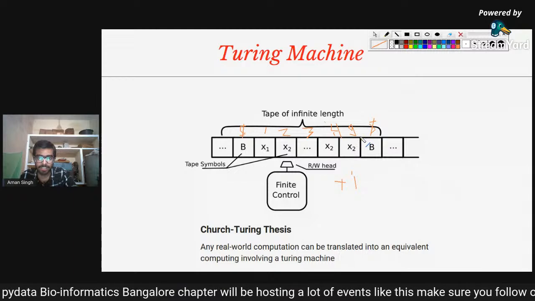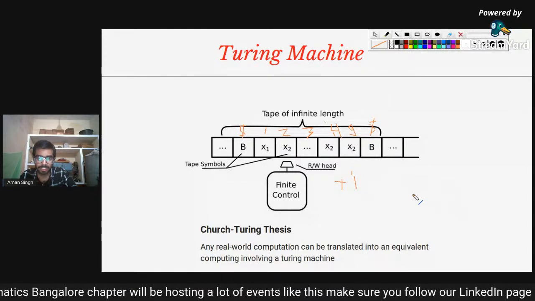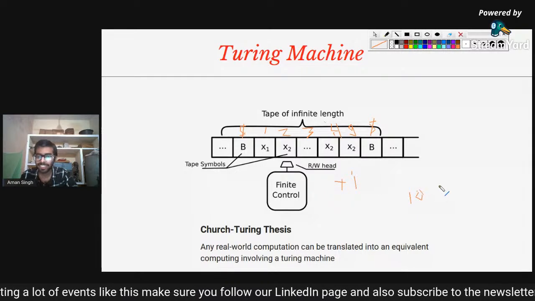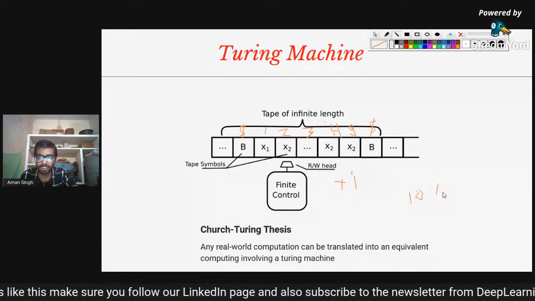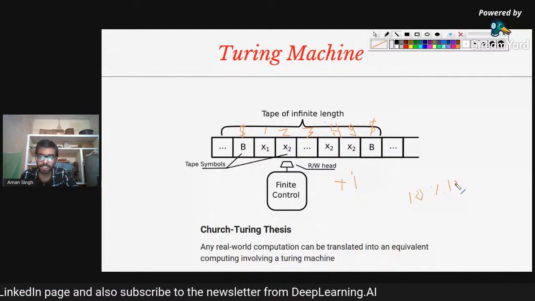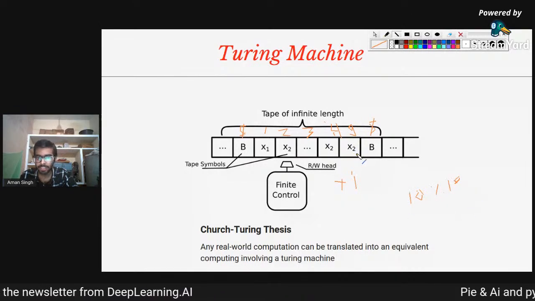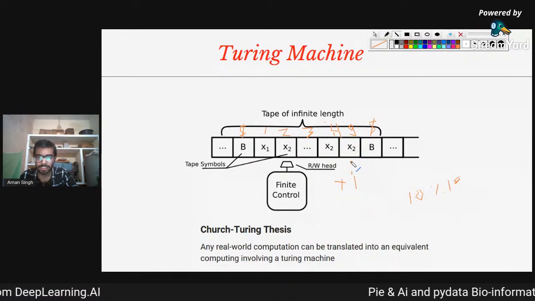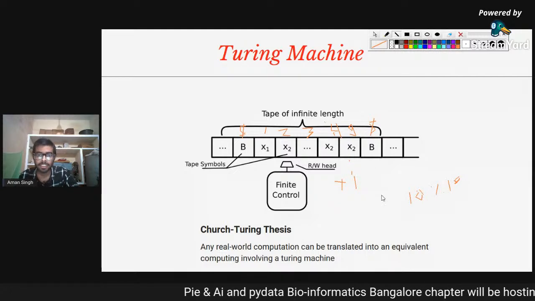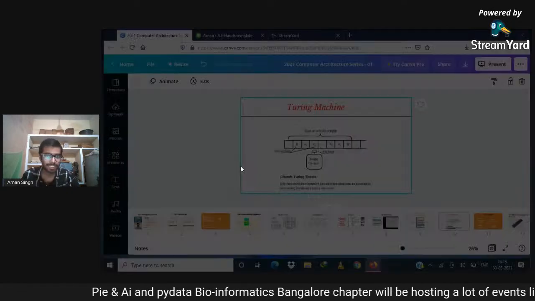Like 9 is the number, and we add 1 to it, then it will be 10, and we mod it by 10. Therefore, what will be the result? We'll save it in this register. Therefore, the result will be 0.